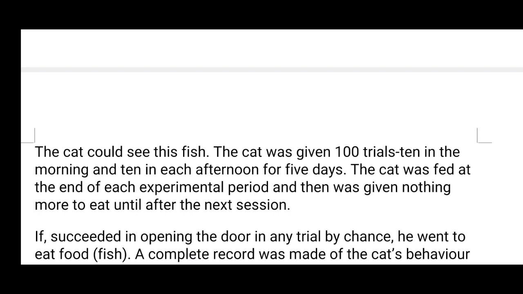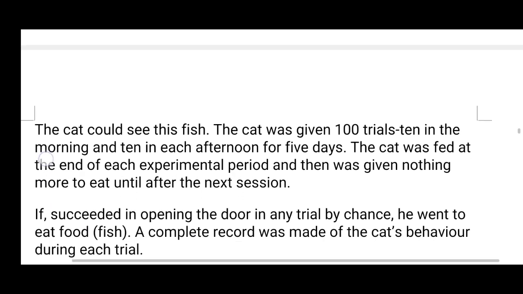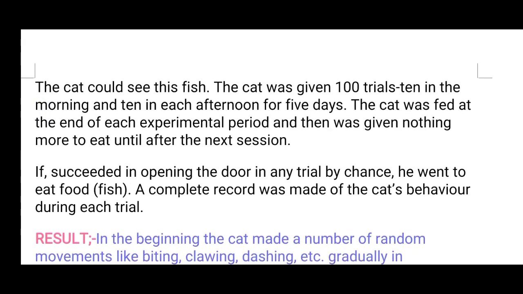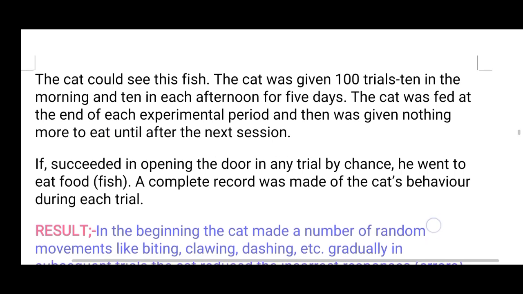The cat was given 100 trials, 10 in the morning and 10 in the evening for 5 days. Means 10 trials उसके morning में, 10 evening में. The cat was fed at the end of each experiment period, and there was nothing more to eat until the next session. If it succeeded in opening the door, by chance, it went to eat the fish. The complete record was made of the cat's behavior during each trial.